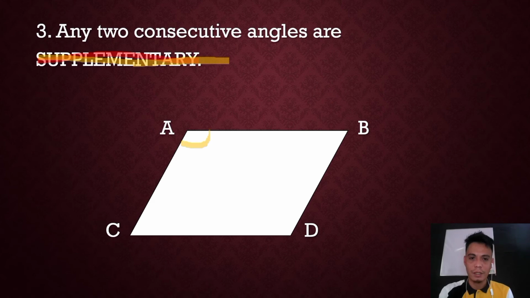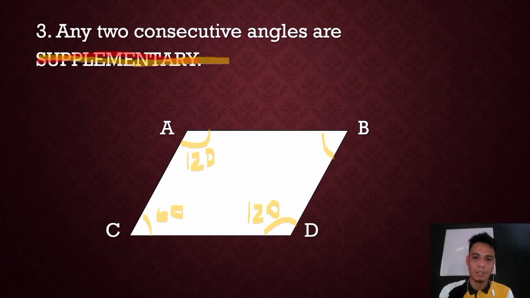So our angle A and angle D is 120 degrees. Ayan, 120 degrees. And our angle B and C are 60 degrees.